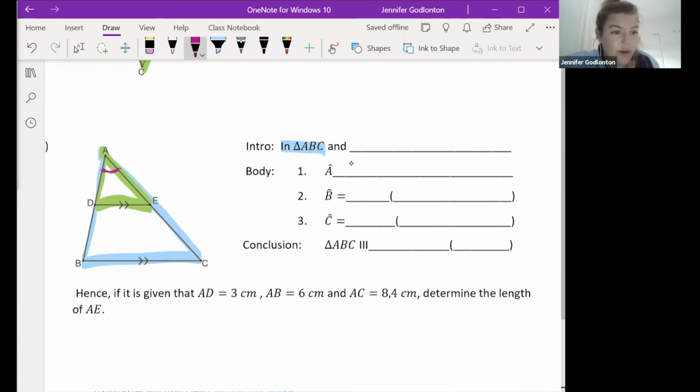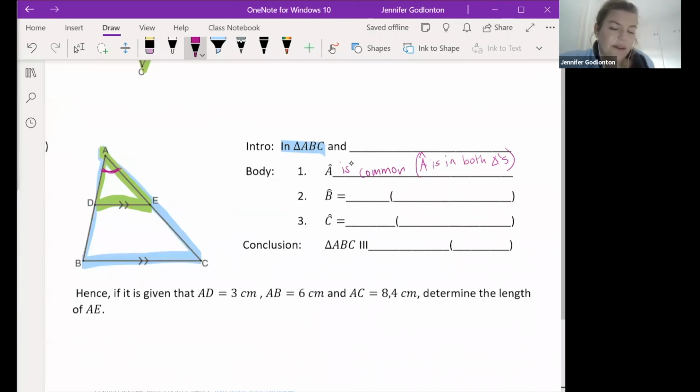Good, good. Clo, yes, 100%. Angle A is common. That's just a very fancy way of saying that angle A is in both triangles.